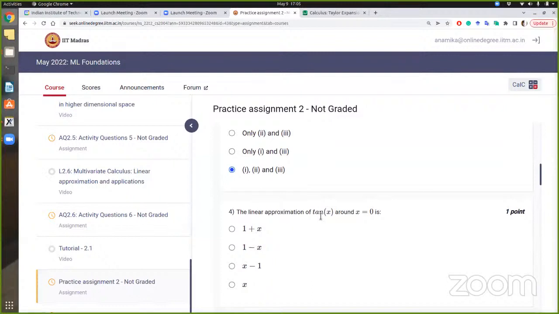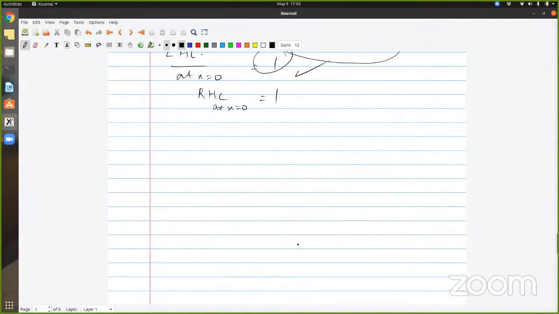Linear approximation of tan x around x is equal to 0. So note this, you are given around which point you want the approximation. You can never be asking an open-ended question because, as I said, linear approximation is always around a given point. So what is the equation of linear approximation? F of L is equal to f of a plus f dash a times x minus a, right?